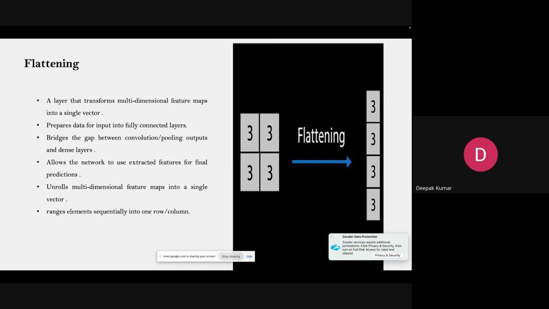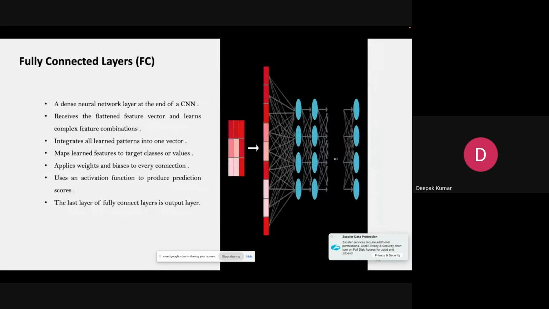This will be used to finally apply the operation, whether classification, object detection, or whatever application your final objective is. So it is straightforward, and as we have discussed in the ANN, it is a fully connected layer. Every input connected with every neuron is called fully connected.